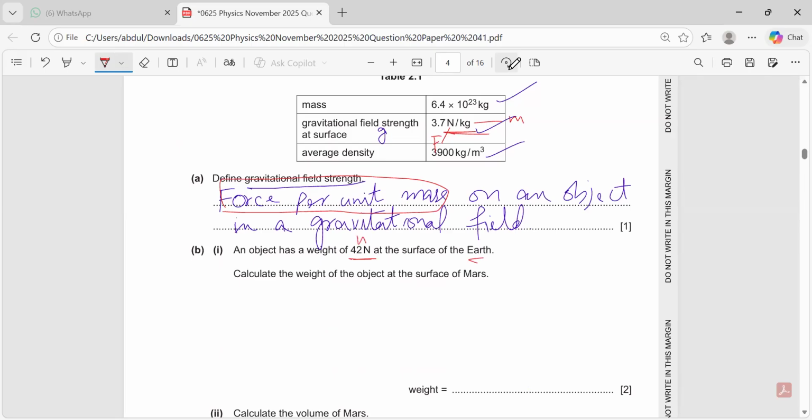Calculate the weight of the object on the surface of Mars. So weight on the surface of Mars will be equal to m g_m. g_m is with us. Mass is a question mark, but we can get the mass. How? Weight on Earth, my dear friends, is equal to m g_e.